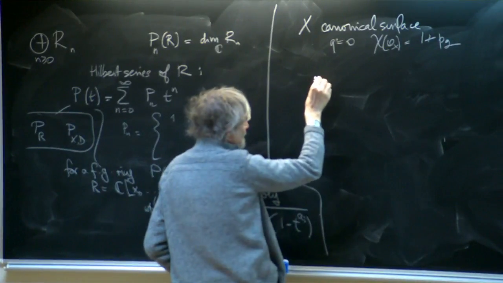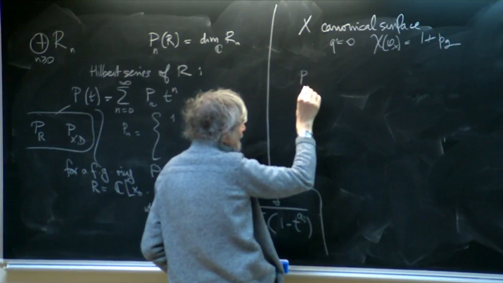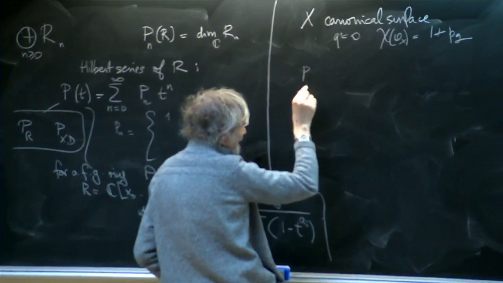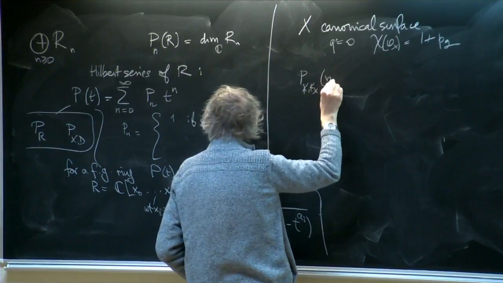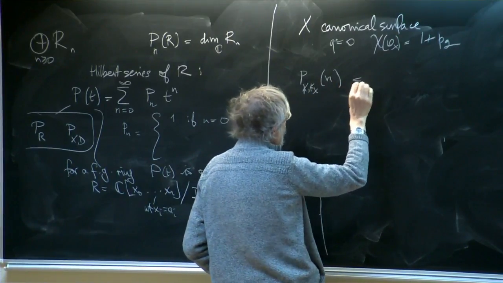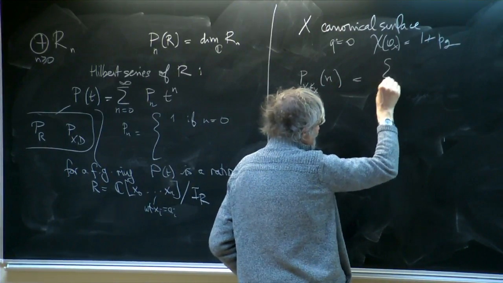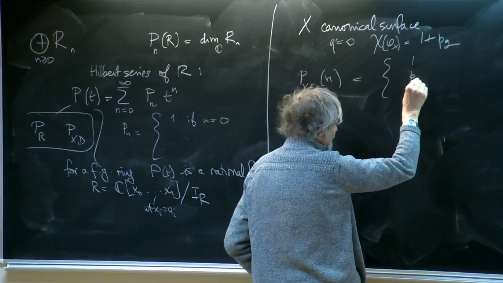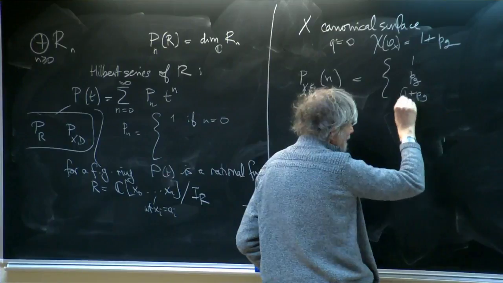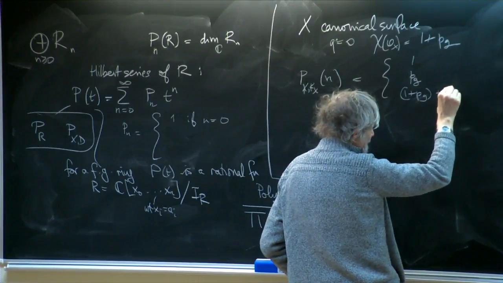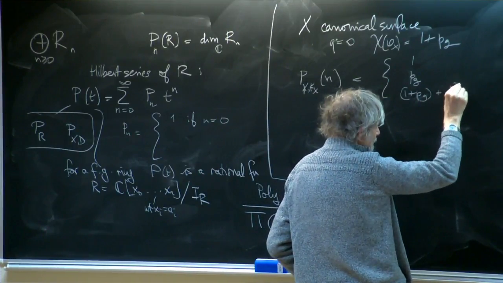Then the formula for P_x,kx of n is this thing I wrote down: 1 plus pg, plus k squared n choose 2.